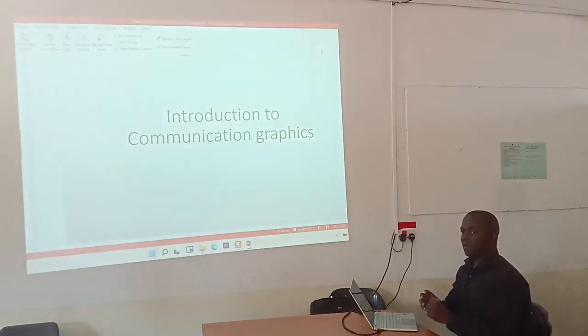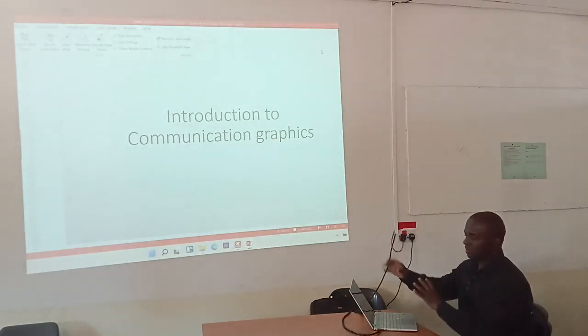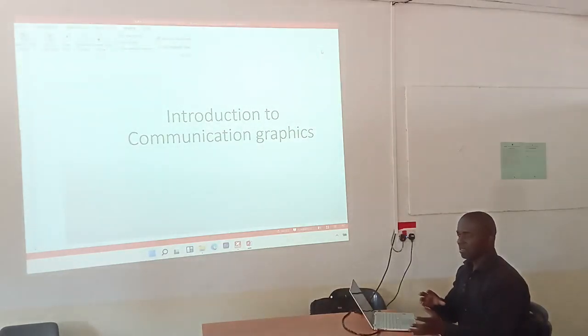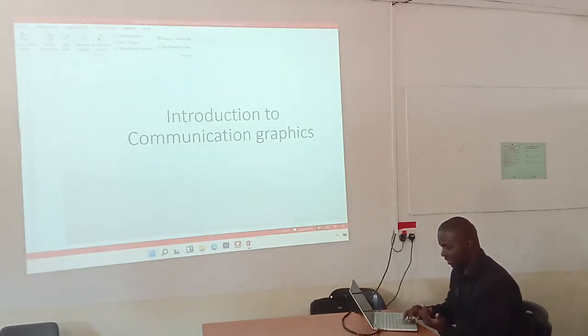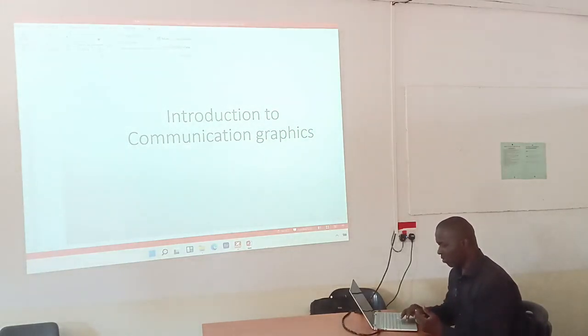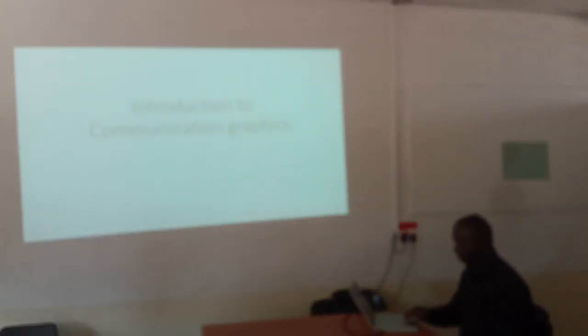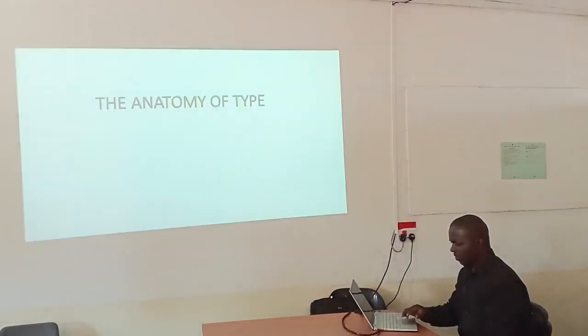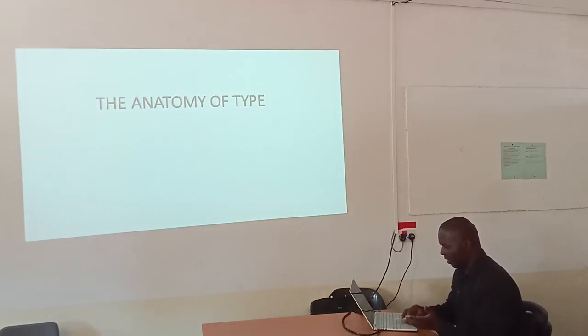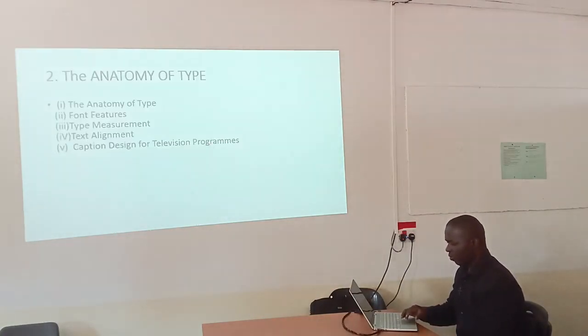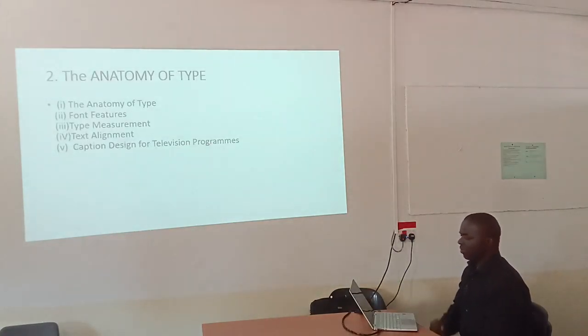Now, all these concepts, like the measurements and alignments, were studied during that time. But after the advent of the computer, things changed. We're going to look into some concepts we looked at briefly last time, and compare them with what is happening in the computer world.